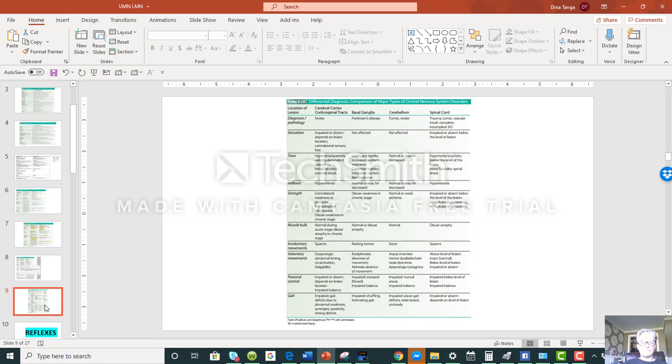Okay, this is table 510, differential diagnosis, comparison of major types of central nervous system disorders. And it's talking about stroke, Parkinson's disease, tumor, trauma, vascular insult, complete or incomplete spinal cord injury. Basal ganglia, Parkinson's disease, sensations not affected.